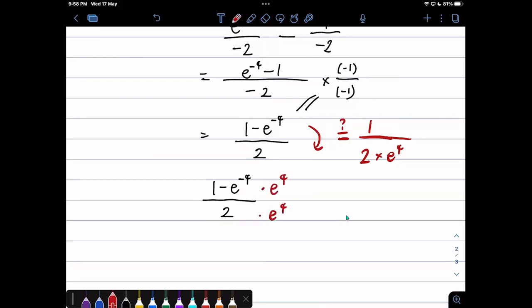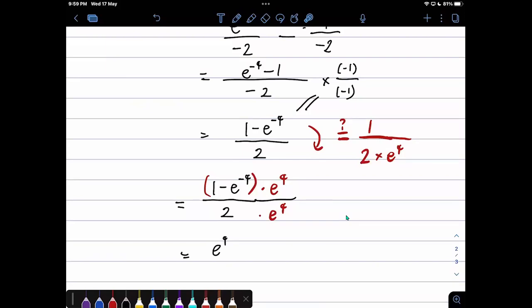But take note, when you have an entire expression that has 2 or more terms being multiplied by another thing, you need a pair of brackets around it. You've got 2 terms, so you must put a pair of brackets around it. Then you distribute. What do you get? 1 times e power 4, e power 4. E power -4 times e power 4: same base, different power, multiply, add the power.